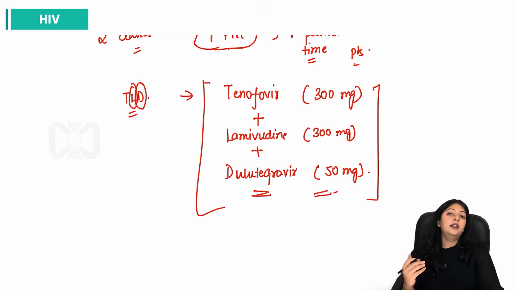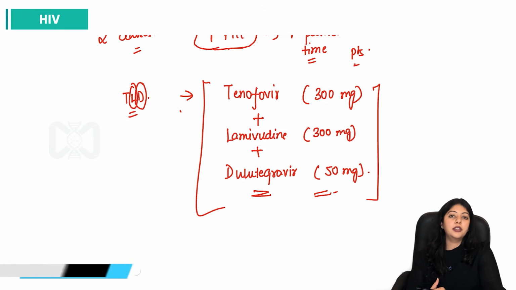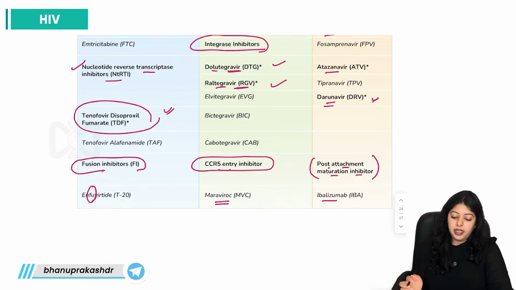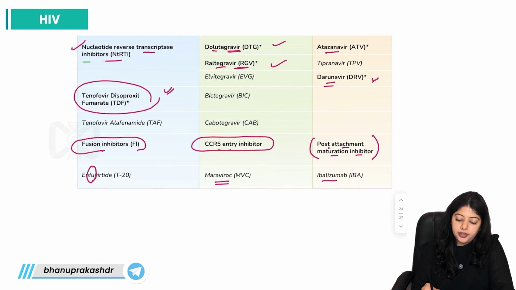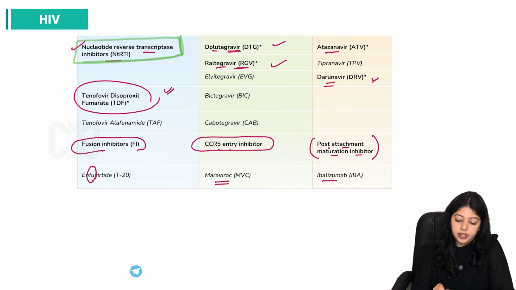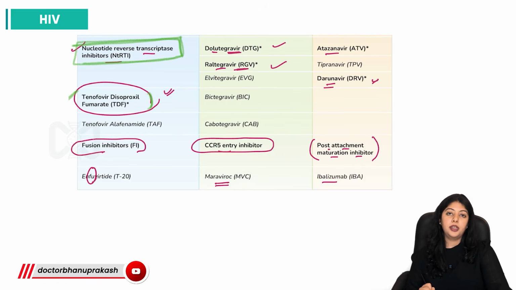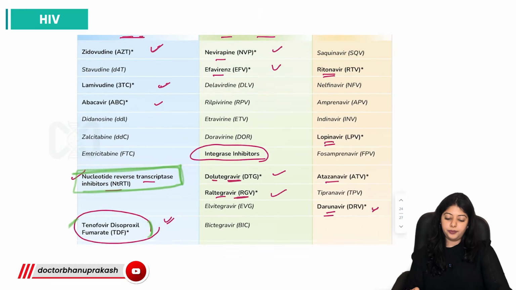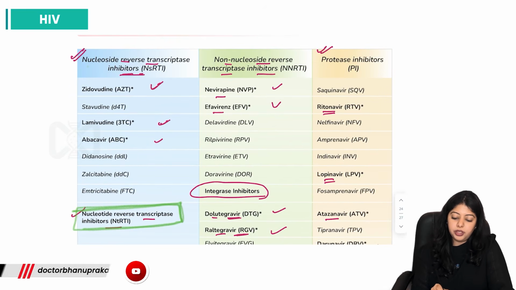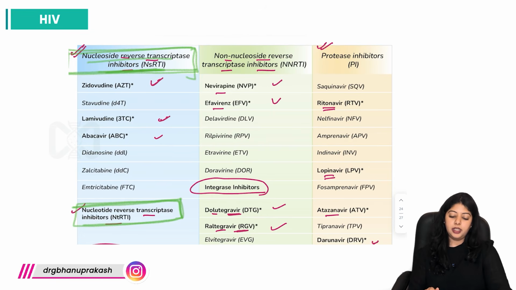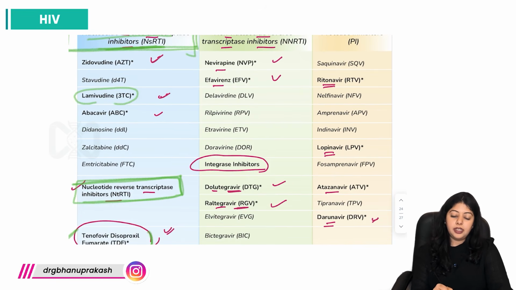So what classes of drugs do these come from? Tenofovir is from one class, that is the nucleotide reverse transcriptase inhibitor. Then we have lamivudine, which is from the nucleoside reverse transcriptase inhibitor, right? So lamivudine comes from another class.